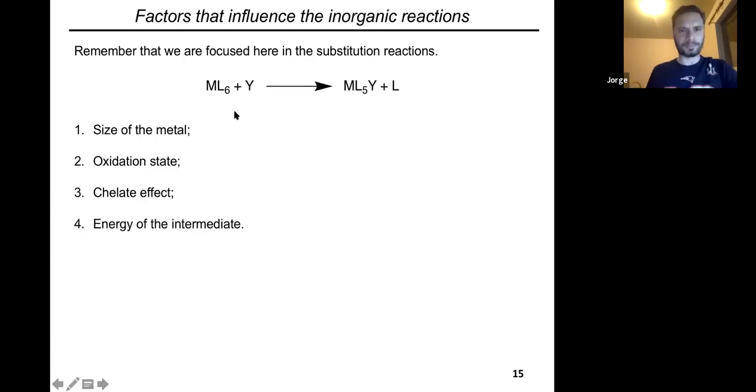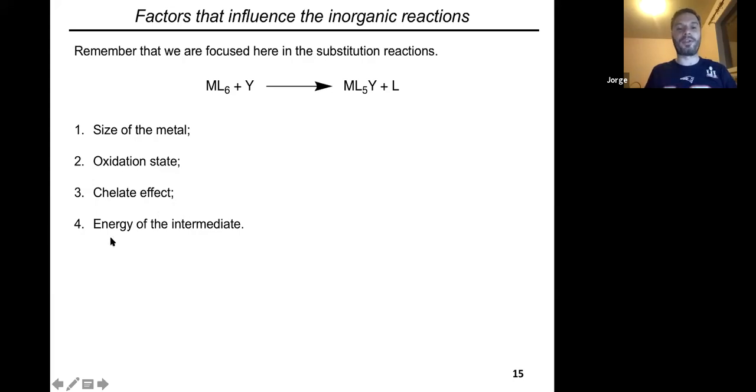So today we are going to focus on the factors that influence the kinetics and thermodynamics. We have four major factors. First one is the size of the metal. Second one is the oxidation state. Third one is the chelate effect.